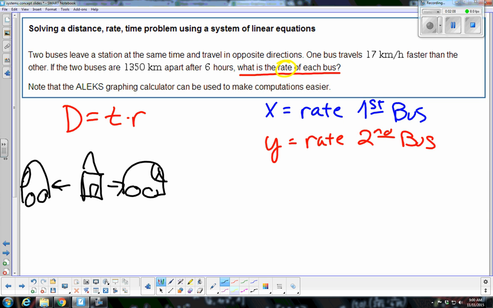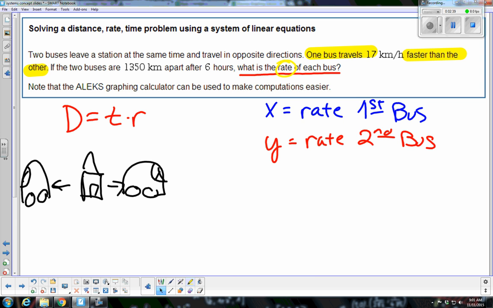Okay, so let's see if we can make some equations off of these sentences. It says the two buses leave the train station at the same time, traveling in opposite directions. One bus goes 17 miles per hour faster than the other. So how can we write an equation for that sentence? Well, they're talking about their speed. We don't know which bus is which, so it doesn't really matter. Why don't we just call it x?